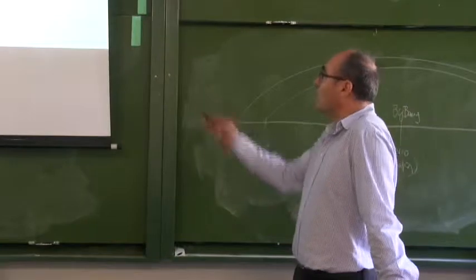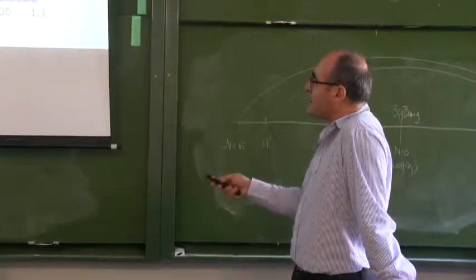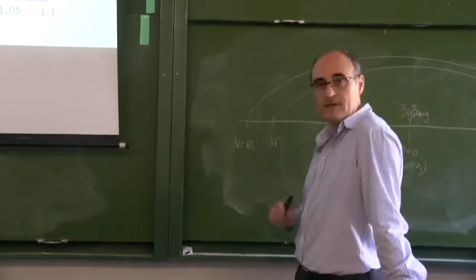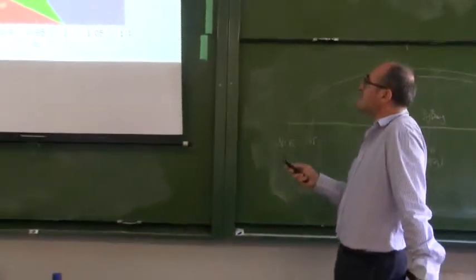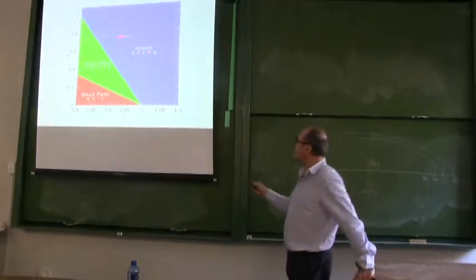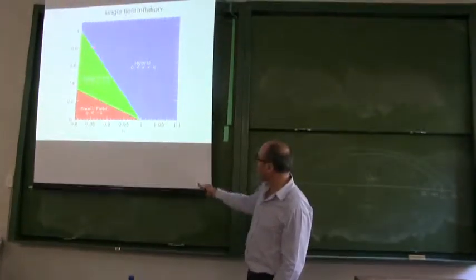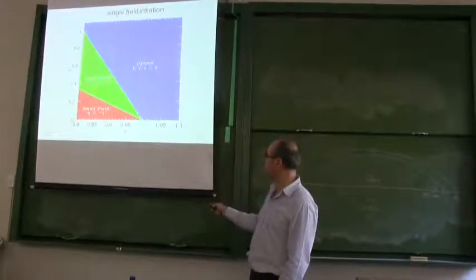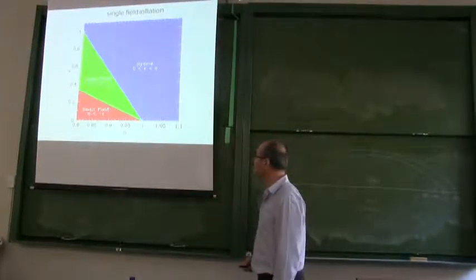Okay? So all these models can be classified in the plane of spectral index and ratio of tensor to scalar in this way. There are, of course, boundaries. For instance, hybrid models can have n smaller than 1, which is no problem. Large field models have these ranges, or typically these ranges.